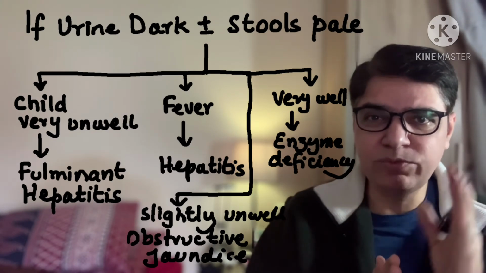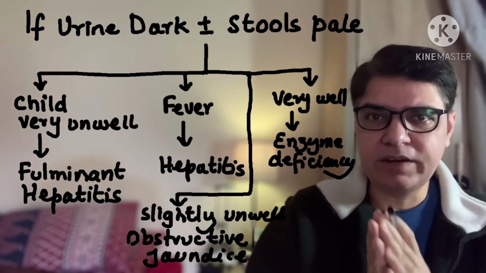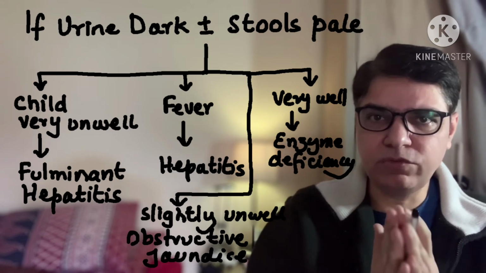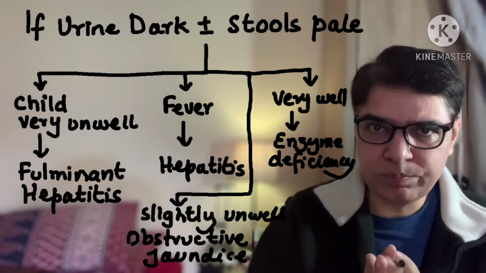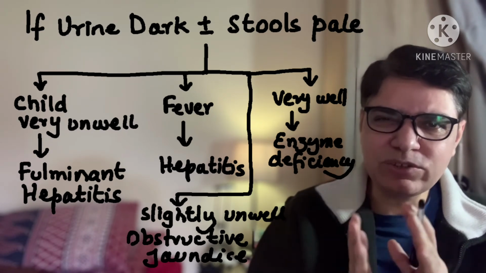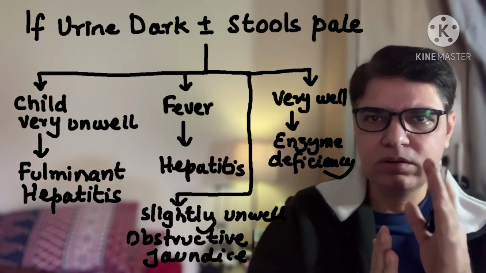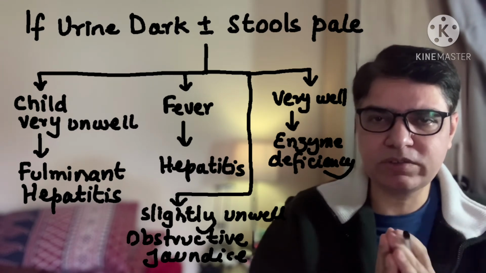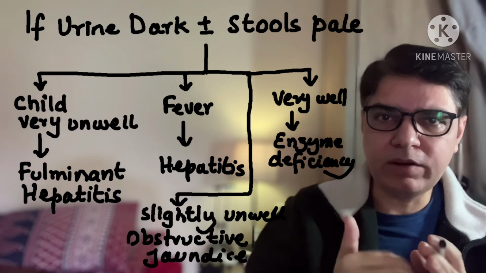So if a child is very unwell with jaundice and has got dark urine and pale stools, then obviously think of acute fulminant hepatitis, and I told you the history would give you a clue. If the child has got jaundice while he's not very unwell, then think of obstructive jaundice, and this is what we call post-hepatic jaundice, where there is some obstruction to the outflow of bile from the liver.